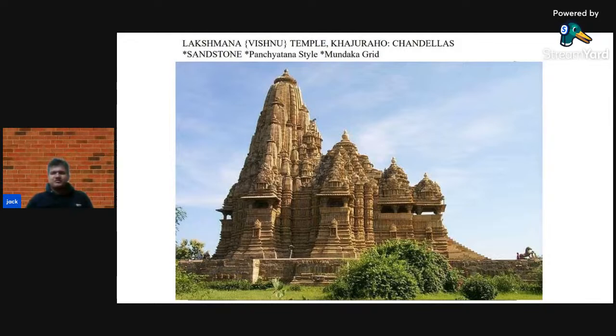So various kinds of activities were performed here, and according to these activities, the names of these mandaps are given, like the Nritya mandap, Rang mandap, various kinds of mandap.